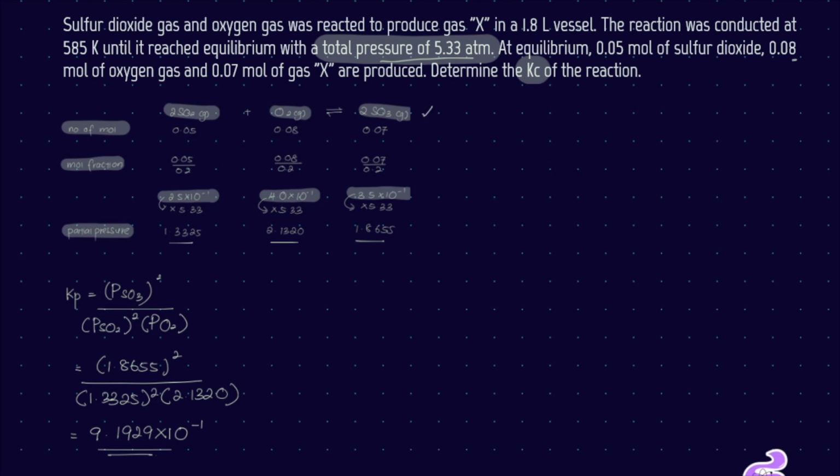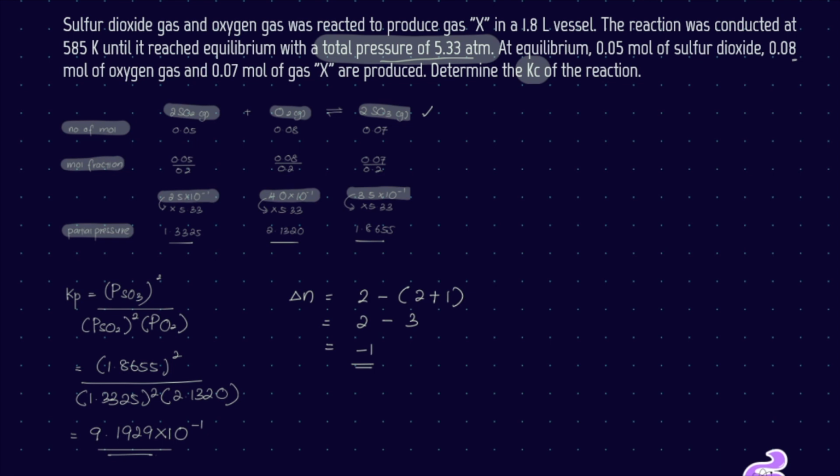From here, we need to calculate your delta N. Since all of these are in gaseous form, whatever is in the product, so you have 2 in the product, minus whatever is in the reactant. So we have 2 sulfur dioxide and we have 1 oxygen. So it's equivalent to 2 minus 3. Therefore, your delta N is equivalent to negative 1.